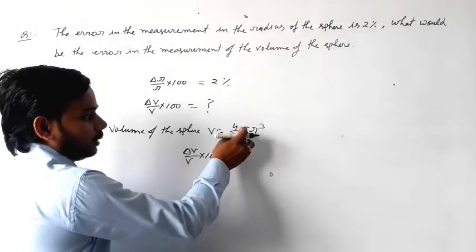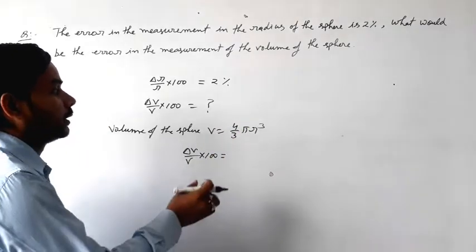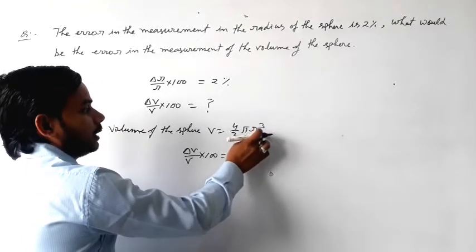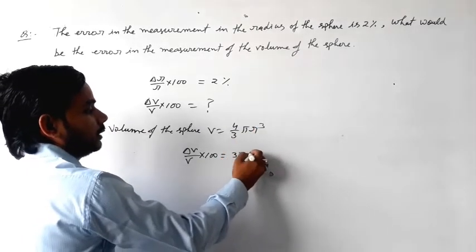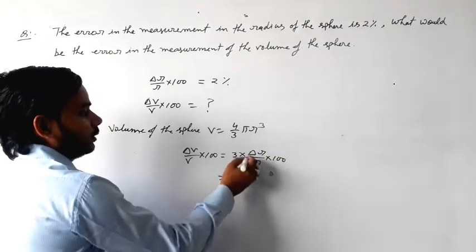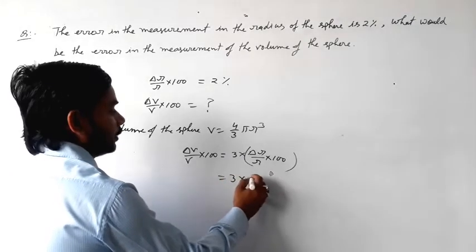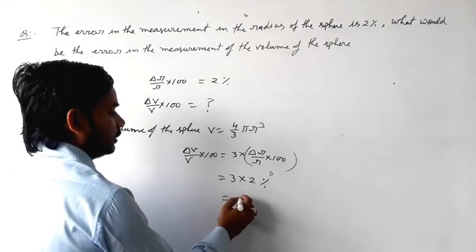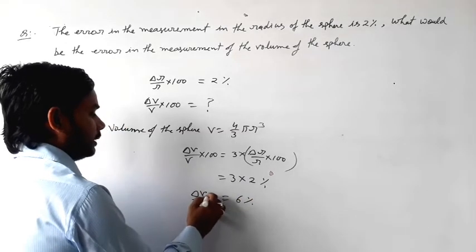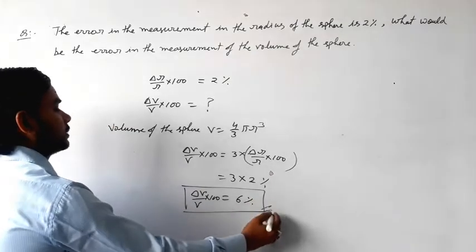The term 4 upon 3 pi is constant and there is no error in it. The error is in the radius, so for r cube we can write 3 into delta r upon r into 100. Now we put in this value: 3 into 2% will be 6%. So the percentage error in the measurement of volume is 6%.